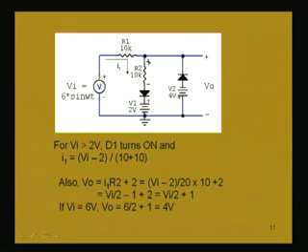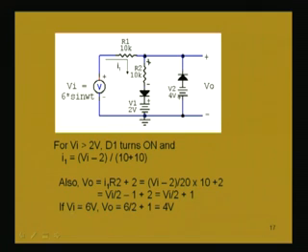For that, we first replace I1, Vi minus 2 by 10 plus 10, 20, into R2 is 10, plus 2. This gives, after simplification, Vi by 2 minus 1 plus 2, that is Vi by 2 plus 1. So, depending upon what Vi is at any particular instant, it will give you the output voltage.